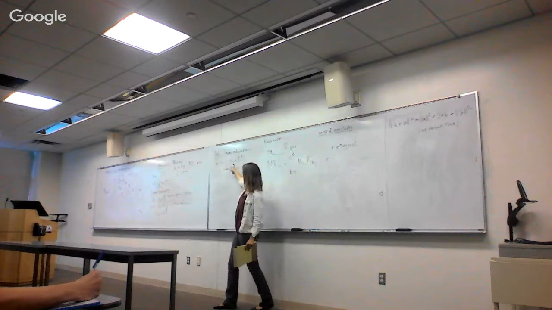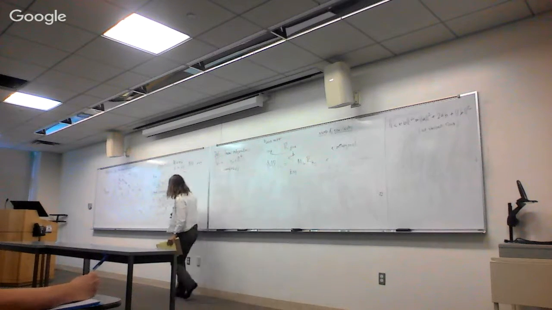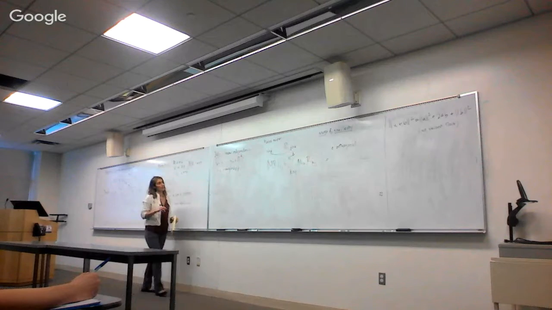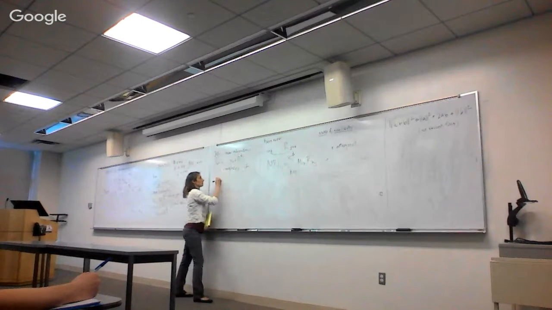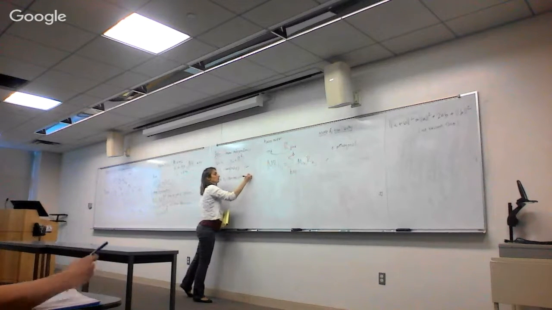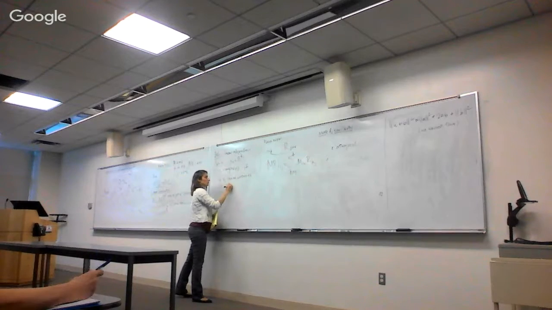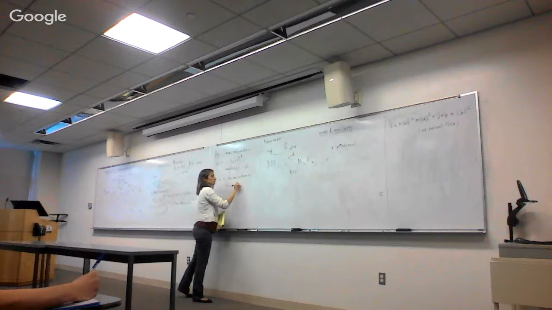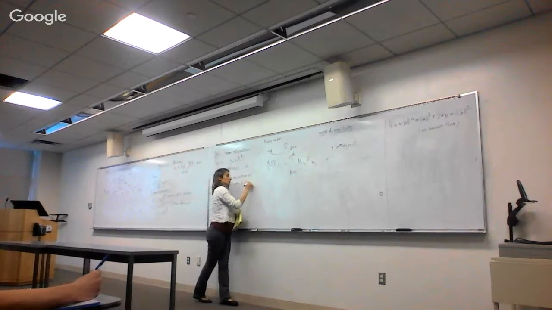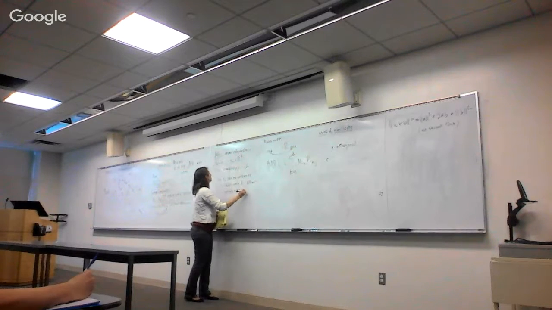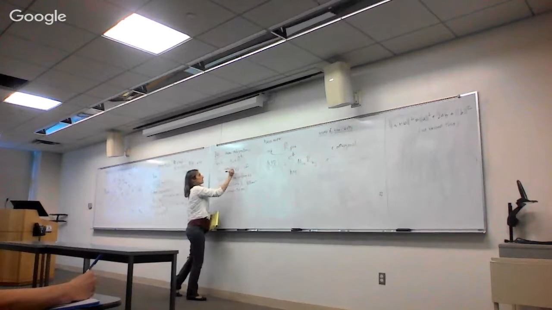So if none of these vectors can be written as a linear combination of the other vectors in the set, then they're linearly independent. Okay, so this is the definition.